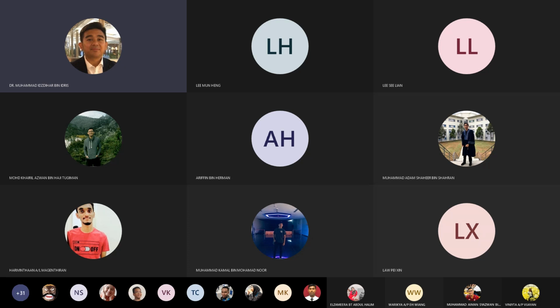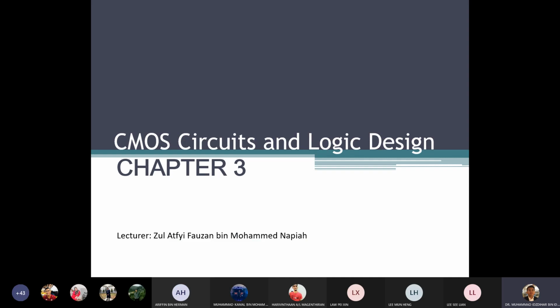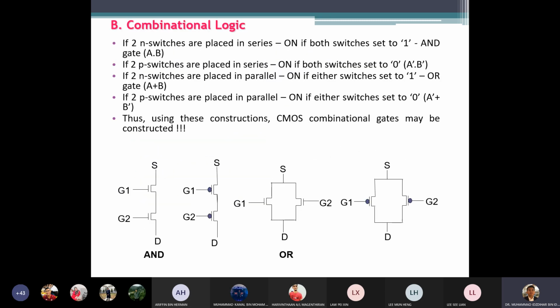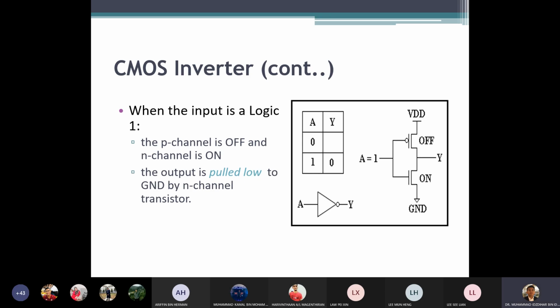So I'm going to turn to my lecture notes. Okay, let's go to page 12. So this is the explanation of what I did before.